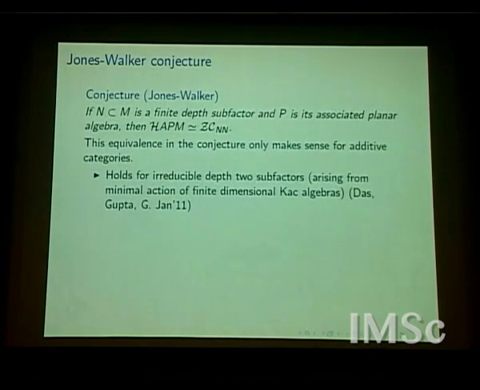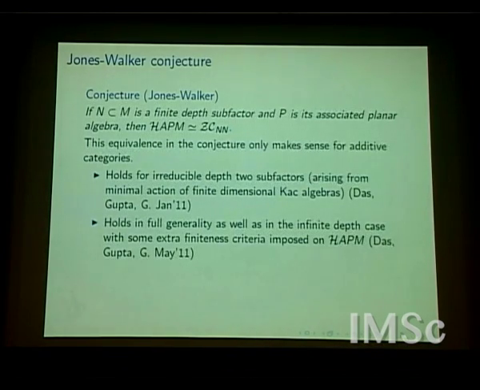So, we actually put that aside and had a fresh look, and it seems that what we could prove is not just finite depth, we could prove that this conjecture is true for infinite depth as well. Infinite depth means the isomorphism classes of the NN bimodules could be infinite.